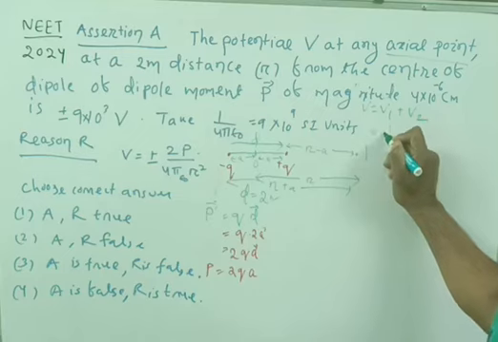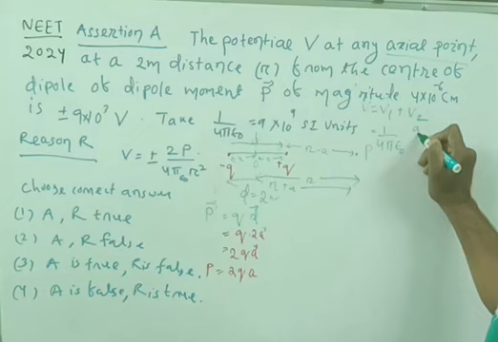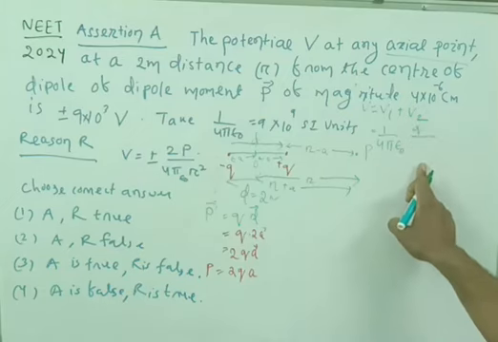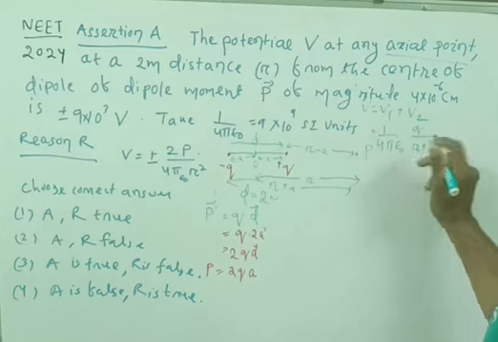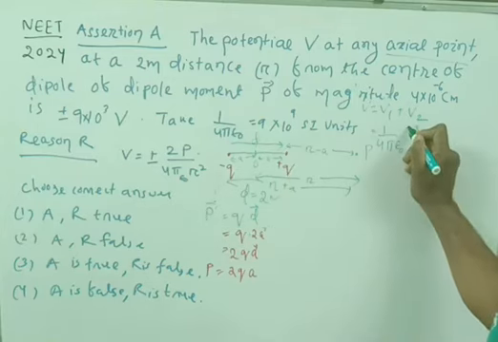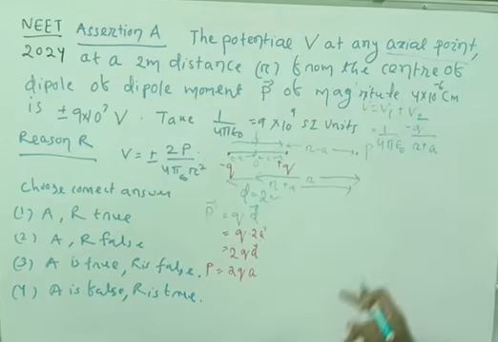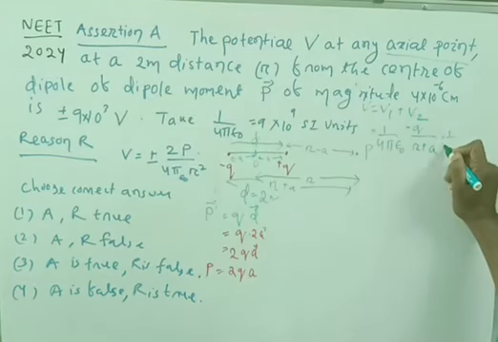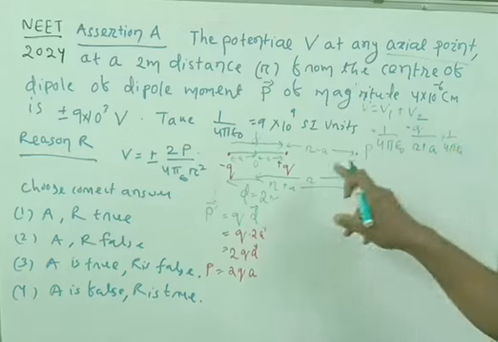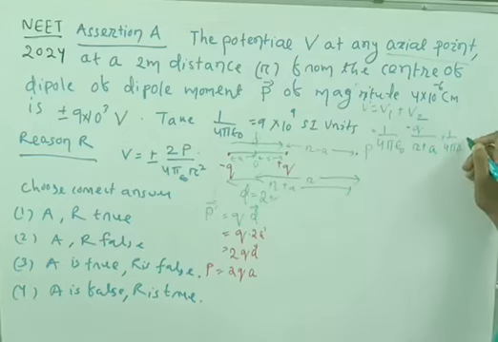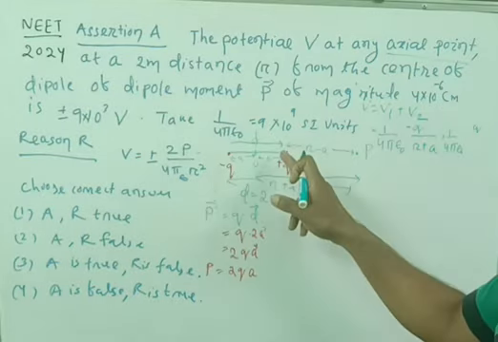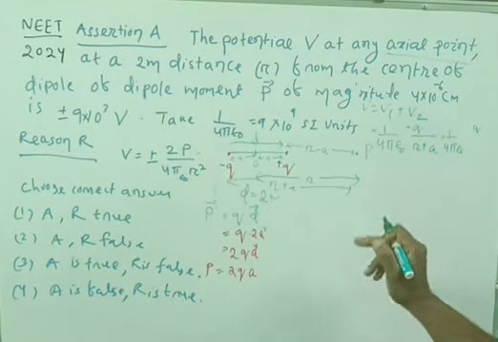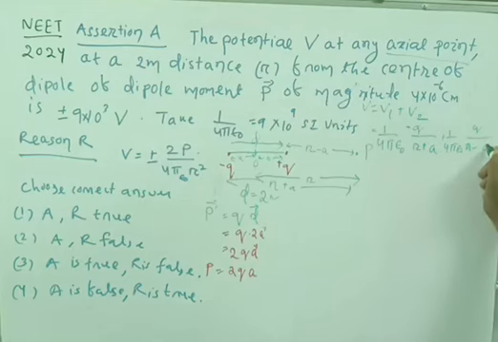V1 is equal to 1 by 4 pi epsilon 0 q by the distance, that is R plus A, and the charge is minus Q. So we will write it here minus Q and plus 1 by 4 pi epsilon 0, and the charge is plus Q, and the potential due to the positive charge plus Q at this distance, that is R minus A, will be Q by R minus A.